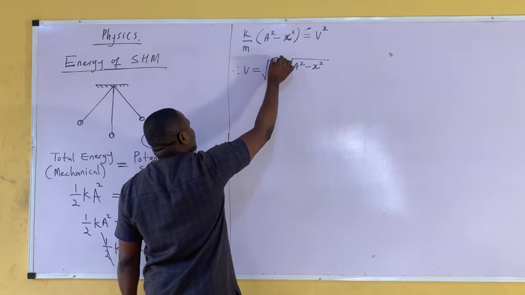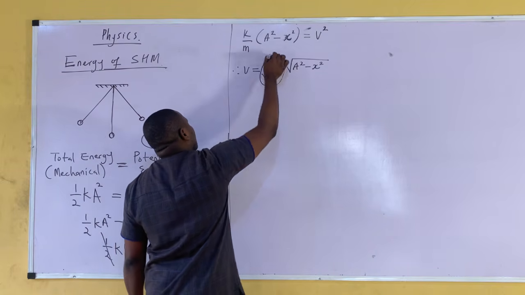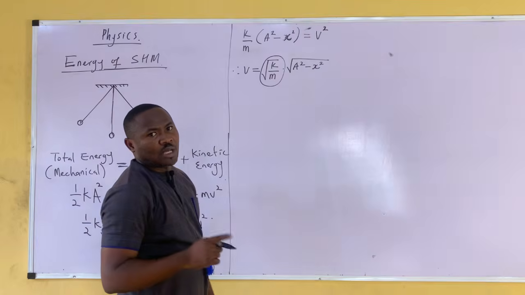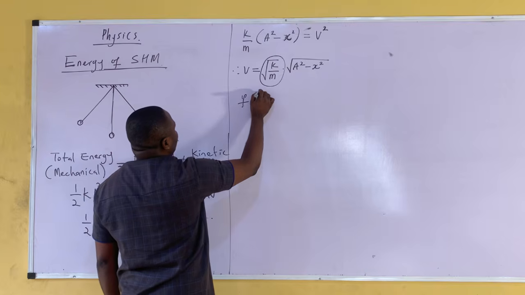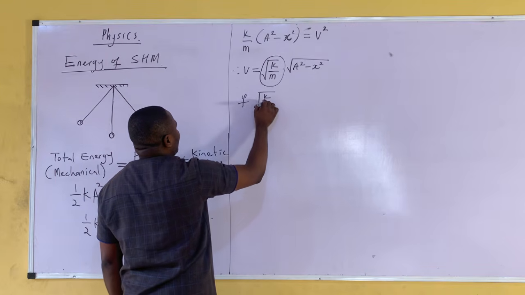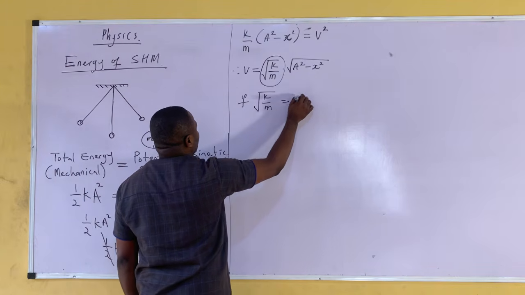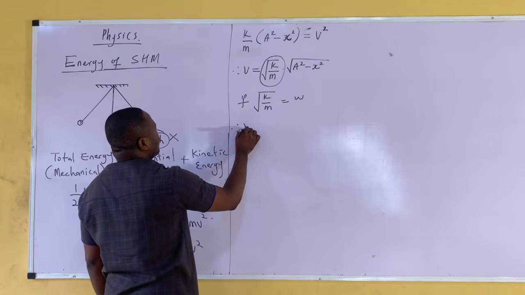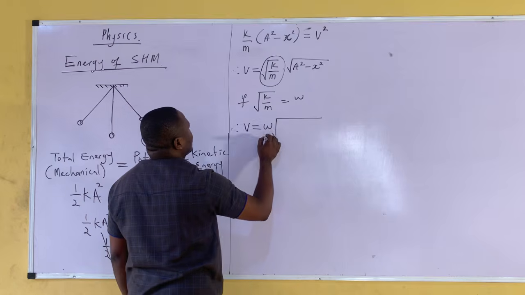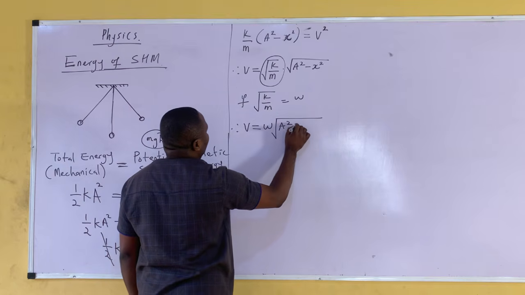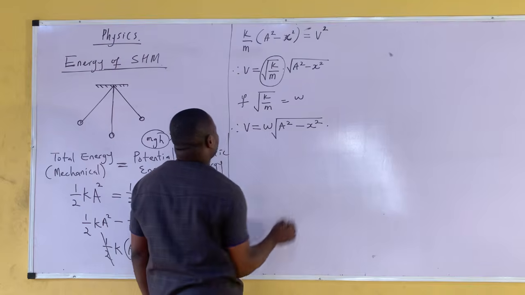Now, take note, what you see here equals angular frequency. I will show that to you in a moment. So, if square root of k over m equals angular frequency, therefore v is now equal to angular frequency times square root of a square minus s square.